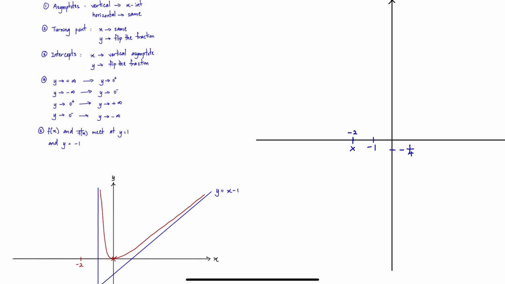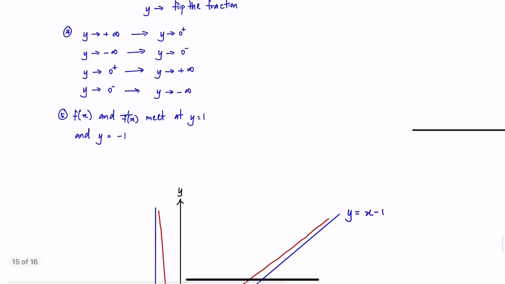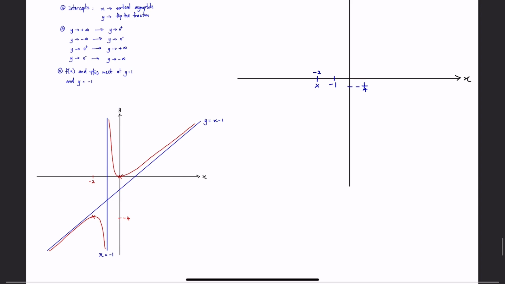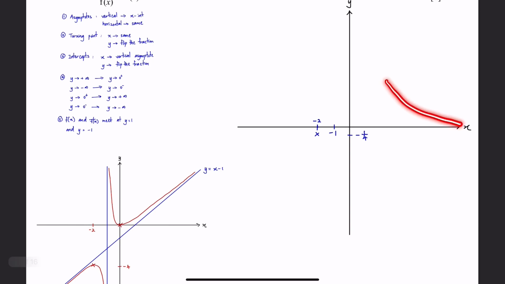Okay, for the fourth point: if y is initially approaching positive infinity, it would now be approaching positive 0. So for this part and this part, they were originally approaching positive infinity, so now they would be going towards positive 0, around this shape.